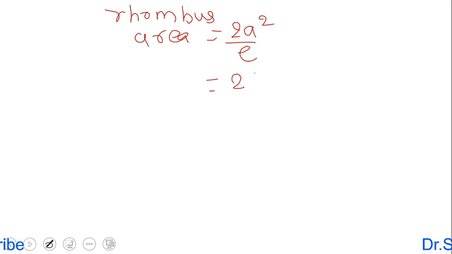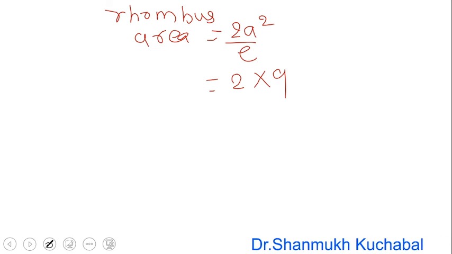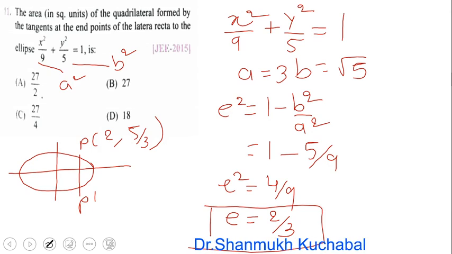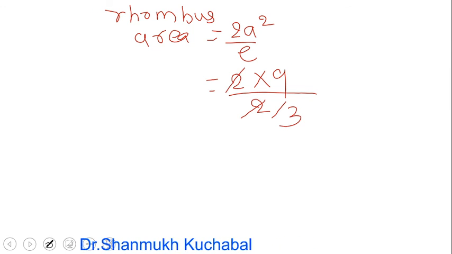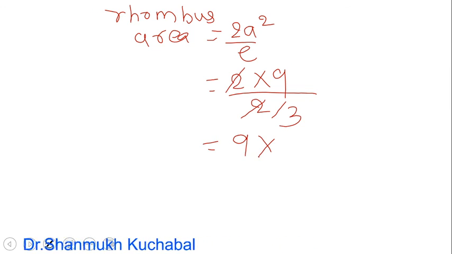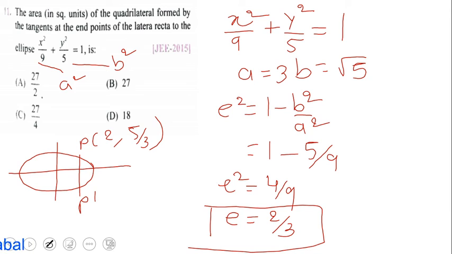So 2a is 9 from the given equation, a is 3, so a square is 9, and e we have just calculated as 2 by 3. The 2 gets cancelled, so 3 we have to move to the numerator, so 9 threes are 27. So 27 is the right answer. Option B is the right answer.